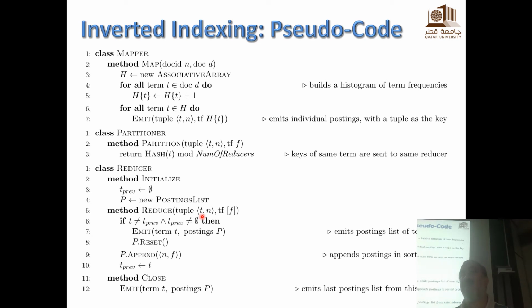No. Why not? Because the key has the document number inside it. Each document is given to a separate mapper, so each key from the mapper will have a different document number.